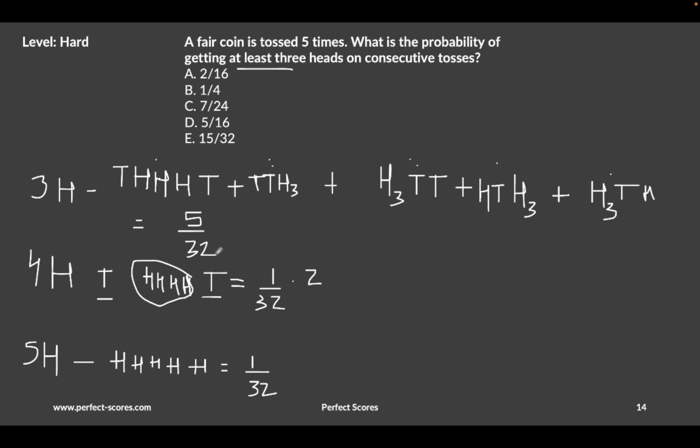So that basically solves the question, and you add all the probabilities. So you got 5 by 32, and then 2 by 32, and then 1 by 32. So that's basically 8 by 32. And 8 by 32 is nothing but 1 by 4, and that's exactly the answer here.